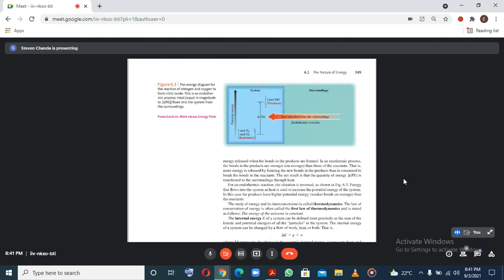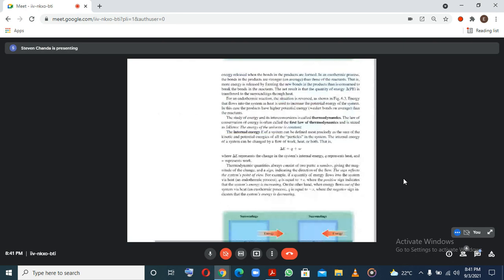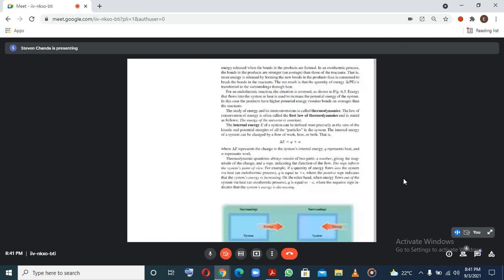In an exothermic process, the bonds in the products are stronger on average than those of the reactants. That is, more energy is released by forming the new bonds in the products than is consumed to break bonds in the reactants. That's how the extra energy is produced in an exothermic reaction.